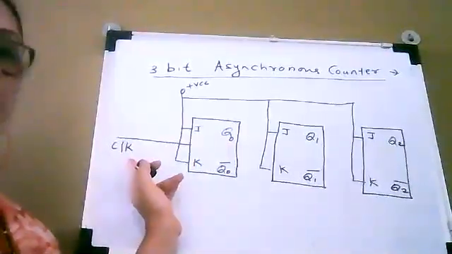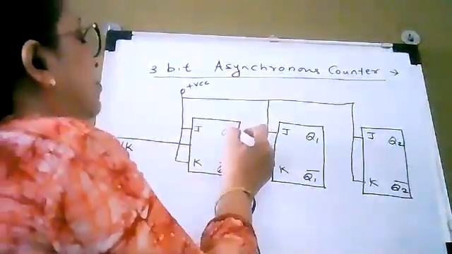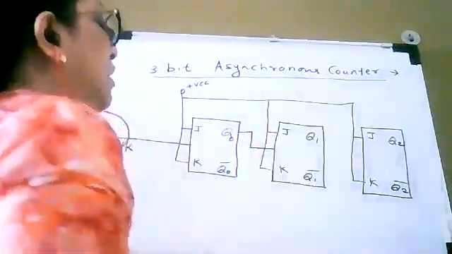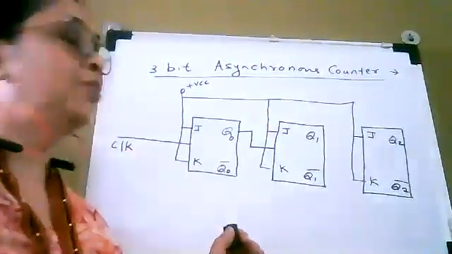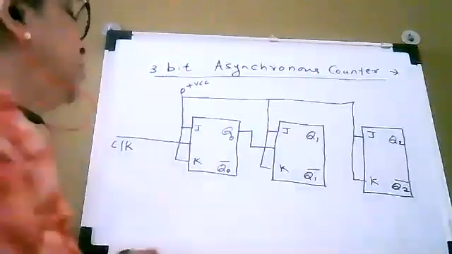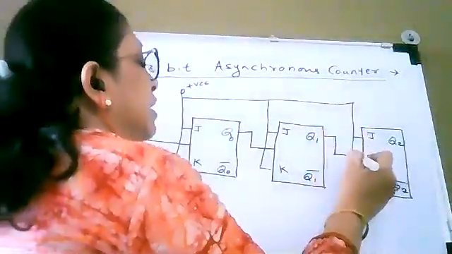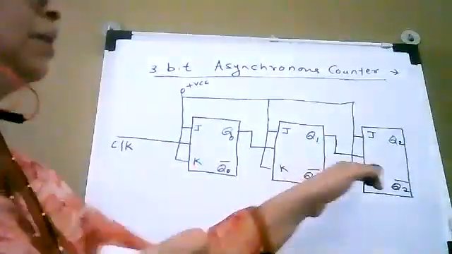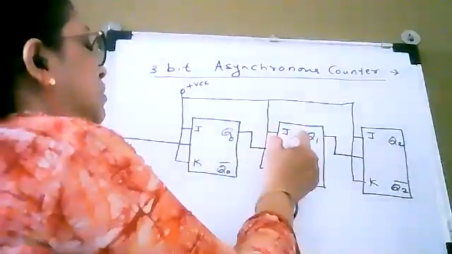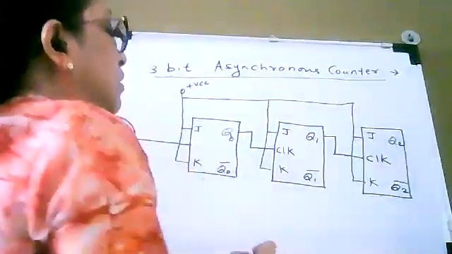So I am inputting clock pulse to this 0th flip-flop, and output of this 0th flip-flop is applied as a clock signal to the input of the second JK flip-flop, which is flip-flop number 1 in our case. So this Q1 is applied as a clock signal to the next flip-flop, which is our third flip-flop. Okay, so these are the clock signals.